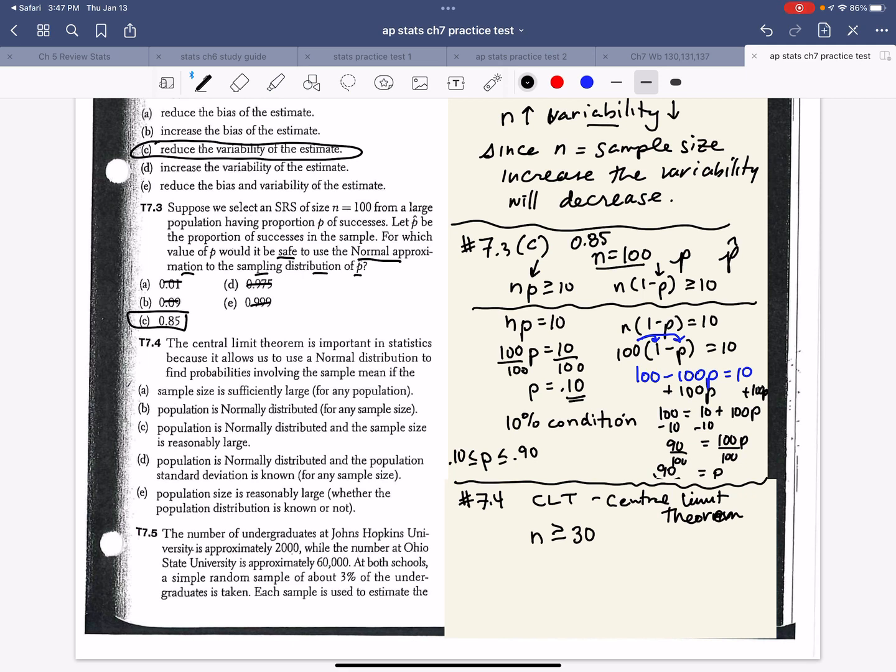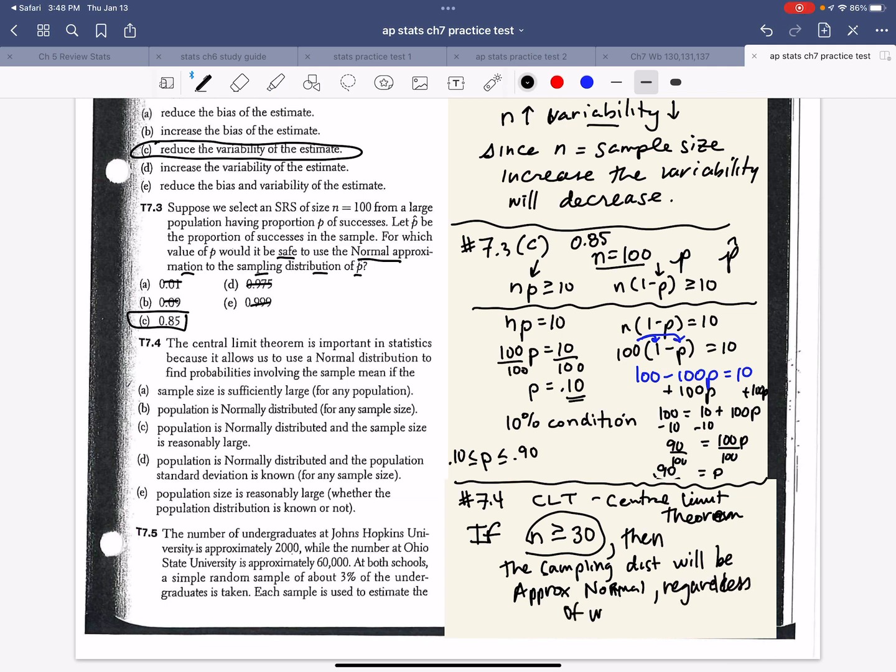We need a sample sufficiently large. As long as n is greater than or equal to 30, then the sampling distribution will be approximately normal regardless of whether the population distribution is skewed.